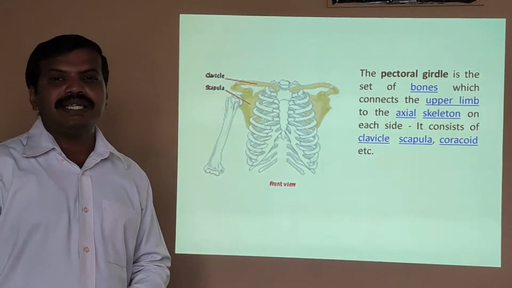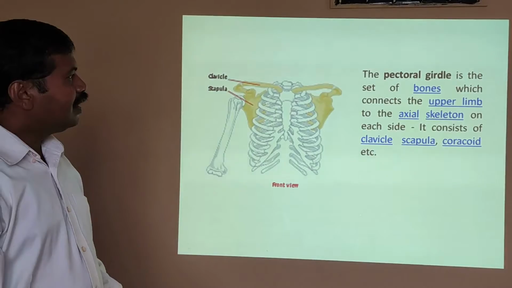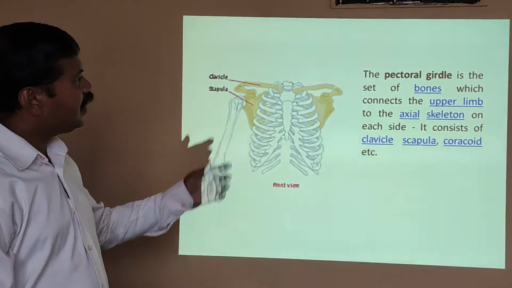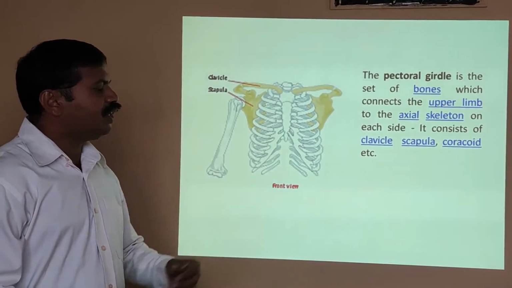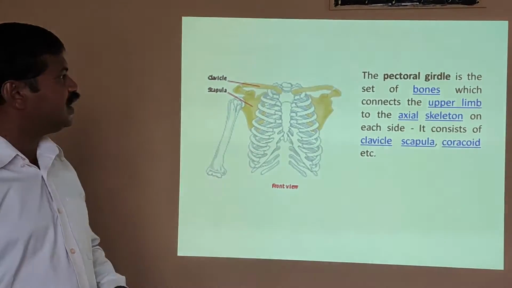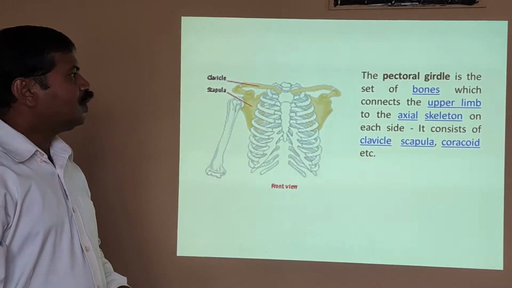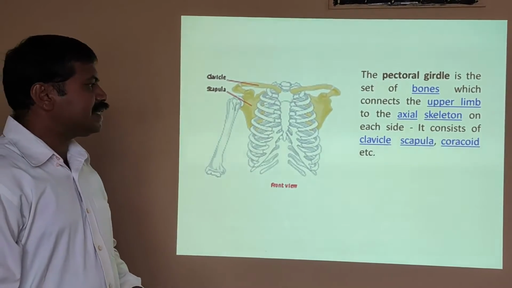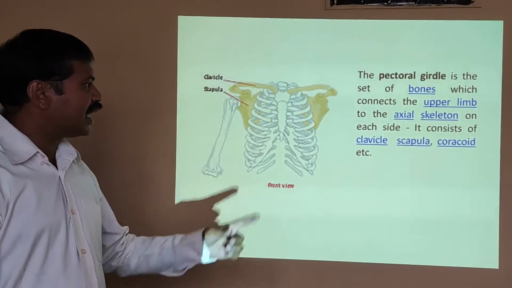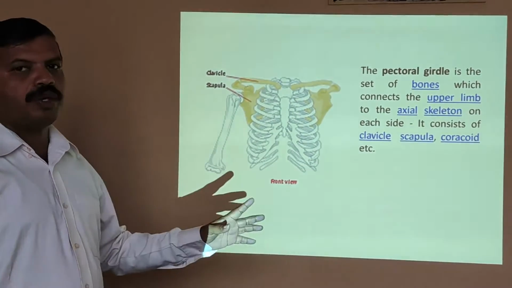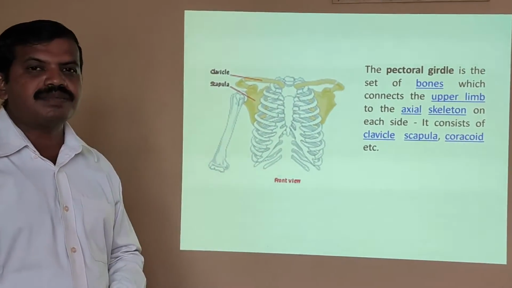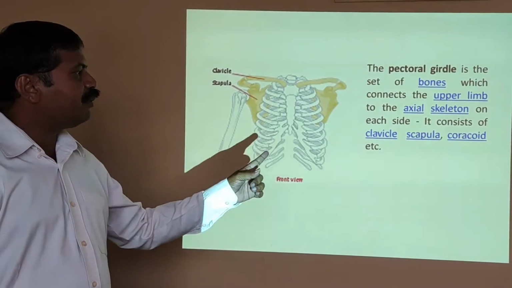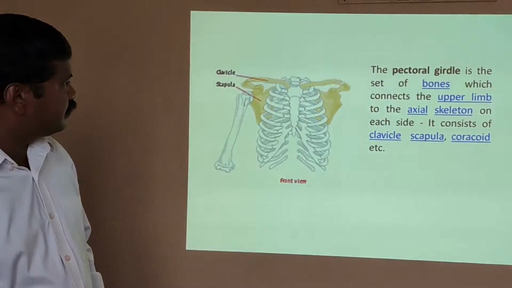Since our topic is the pelvic girdle, we need to know some basic aspects about the girdles. The pectoral girdle is at the anterior end, where the upper limb is articulated, and it comprises three fundamental bones: clavicle, scapula and coracoid.